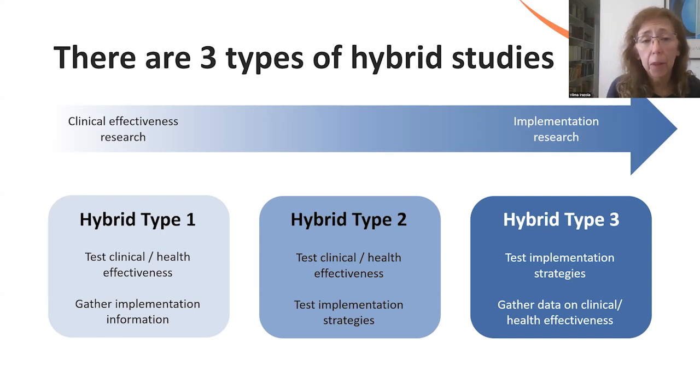of the clinical outcomes. A hybrid type 2 is ideal when studying interventions that already have evidence of effectiveness in other settings or populations, but not in the current context or population where we will apply the intervention.